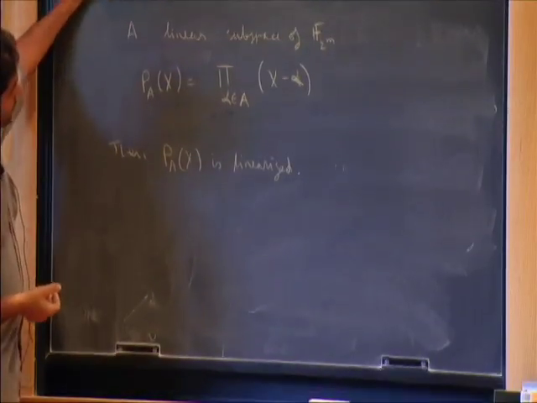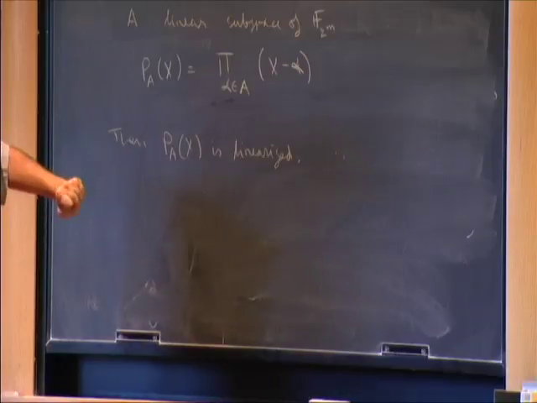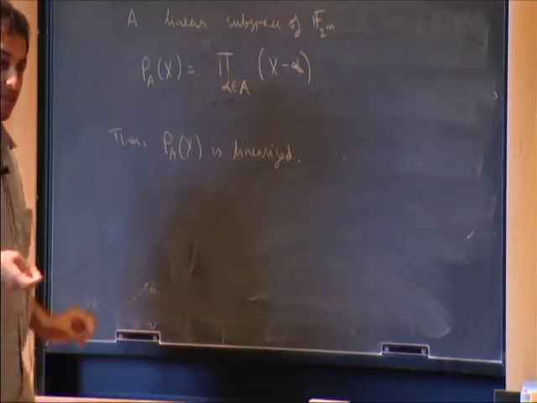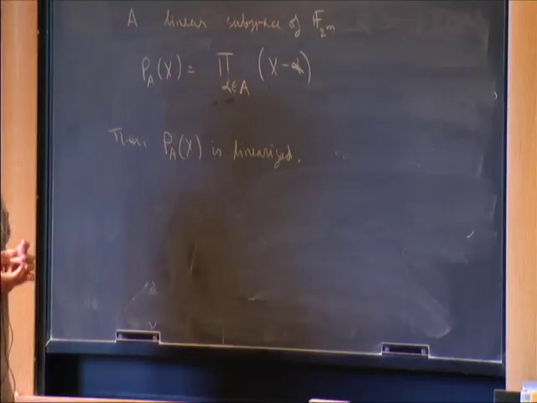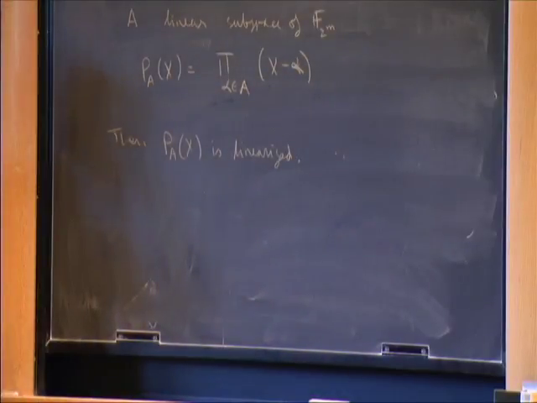It will be constant on cosets of A. If you shift all the alphas by the same element, so does that mean it's linear yet? No, it doesn't mean it's linear, but at least it's constant on cosets of A. Then probably you can see the different shifts.